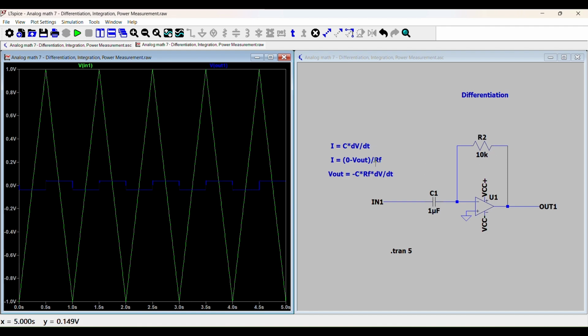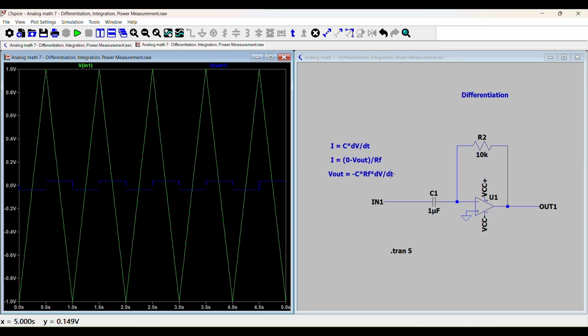which is 10K here. And so if you equate the two equations, because the current can only go into the node from here and then out of the node into the feedback, because op amps have no current in their inputs, you get the final voltage out is equal to the negative of the capacitance times the feedback resistor times the change in voltage over change in time.